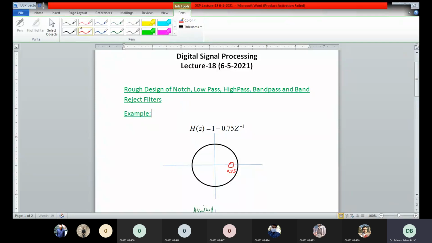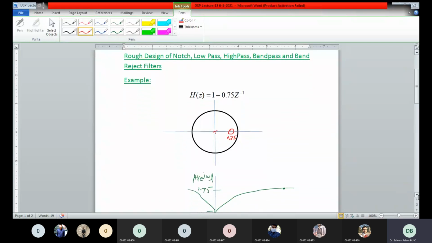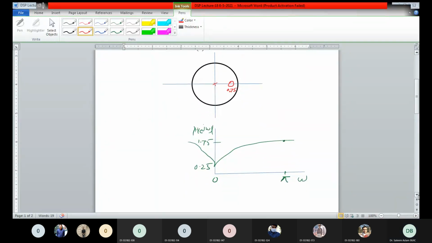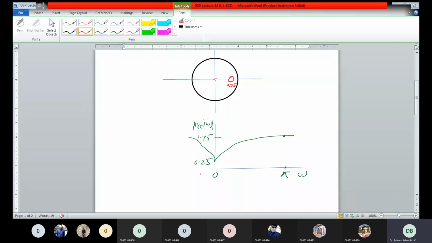When we plot its pole zero diagram, we'll see that there is a pole at the origin and a zero at 0.75. When you plot the magnitude spectra of this system, you will get this response. So you have a minimum value at omega equal to 0. This is omega equal to 0 and this is omega equal to pi.